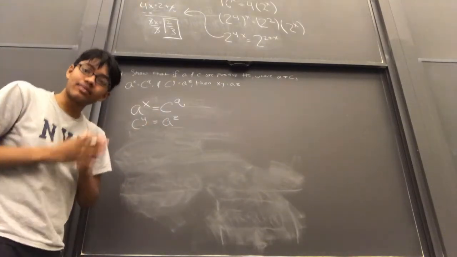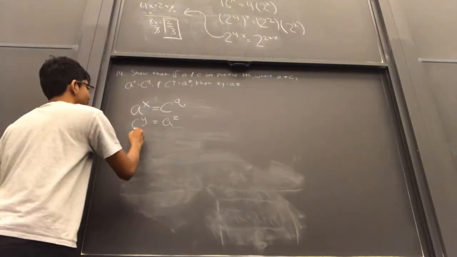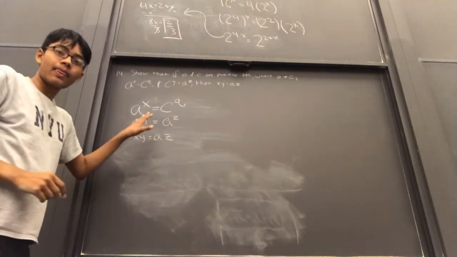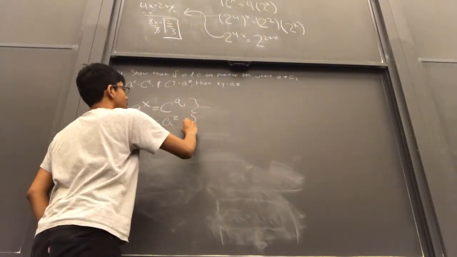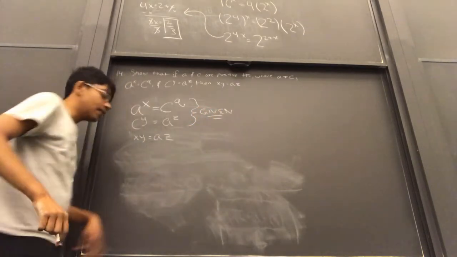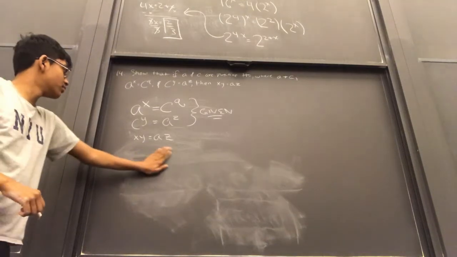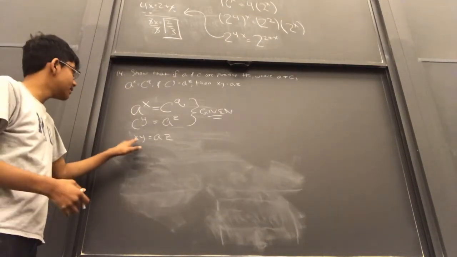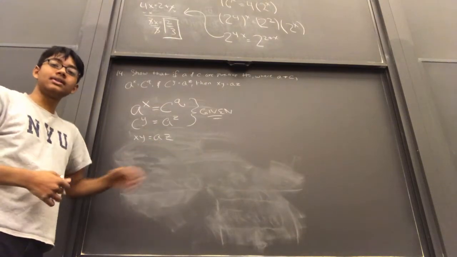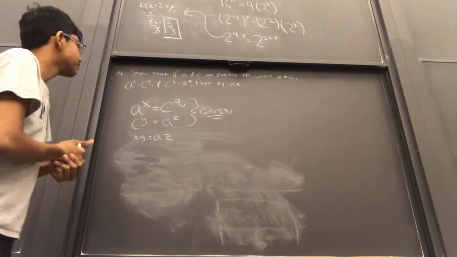Then x times y is equal to q times z. So this is the information we are given. And this is the question we're asked to find. We're supposed to show that the product of x and y is equal to the product of q and z, which are the exponents.